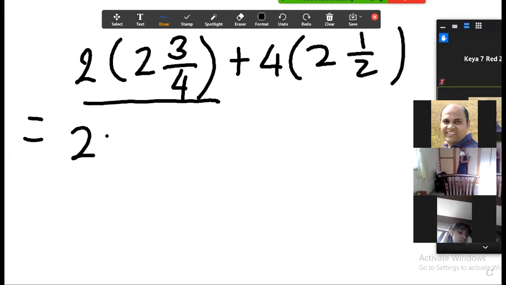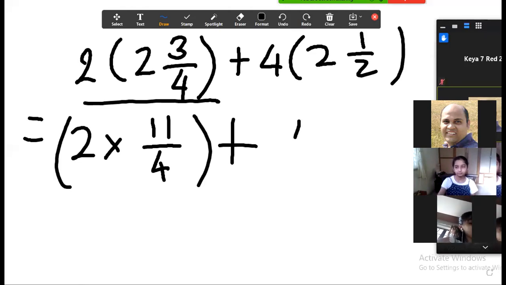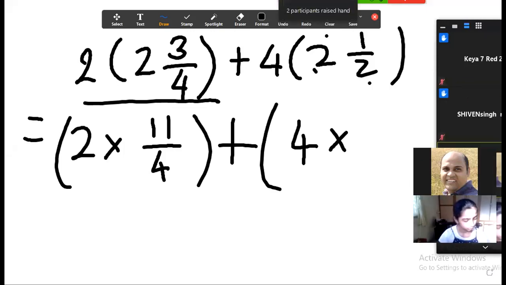That is 2 into, this is a mixed fraction, so first we have to convert it into what? Improper fraction. So 4 2s are 8, 8 plus 3 is 11, 11 upon 4. And 4 into 2, 2 2s are 4, 4 plus 1, 5 upon 2.